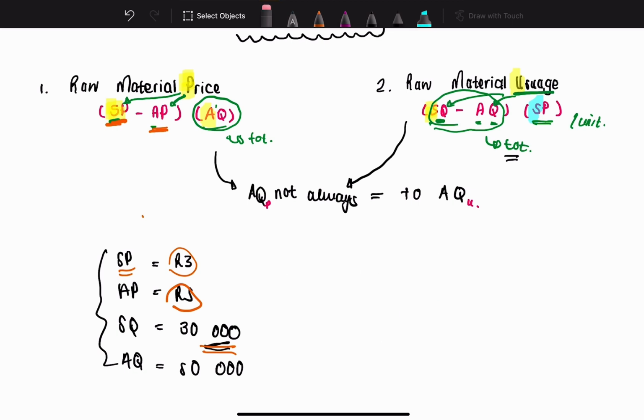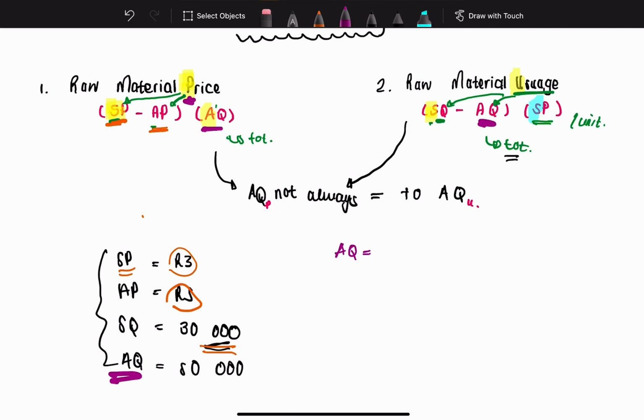Because actual quantity for price variance is not always the same as actual quantity for usage. So yes, this is both AQ and AQ. But we're saying our AQs are not always equal. Why is that? Because the actual quantity that you spend money on, that you pay for.